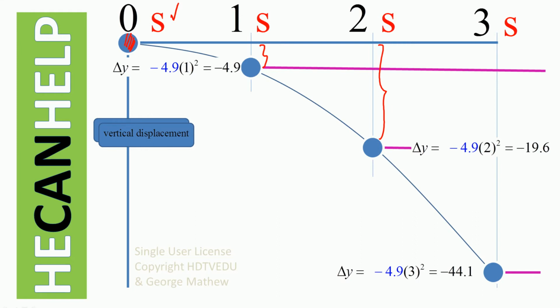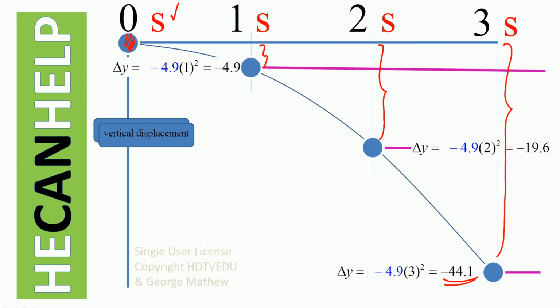How about when t is equal to 3 seconds? We get 44.1 meters. We are 44.1 meters below the starting point, and that's the reason why we have a negative. So when t is equal to 1 second, we are 4.9 meters below the starting point.